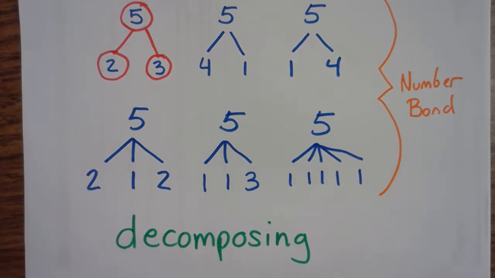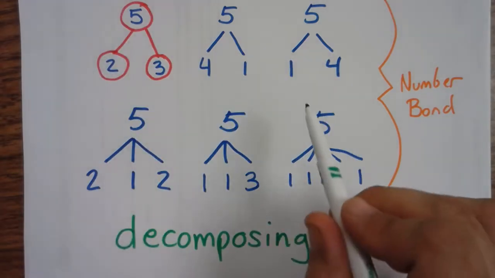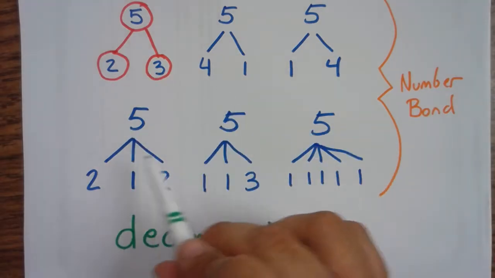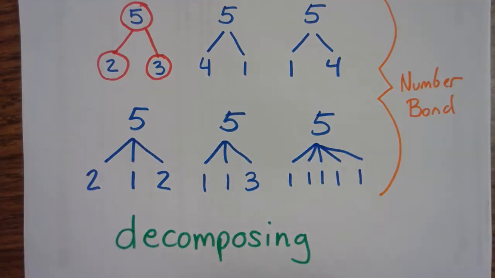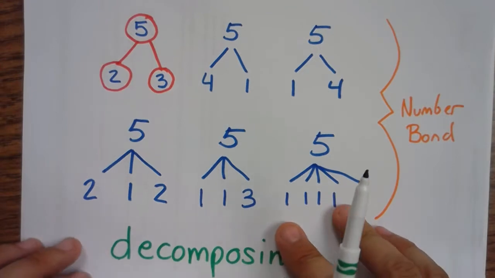And that's exactly what we do with numbers here when you're working with number bonds. And again, they can have the circles here. I can break it up into 2 pieces, 3 pieces, 4 pieces, 5 pieces, however I decide I want to do it.